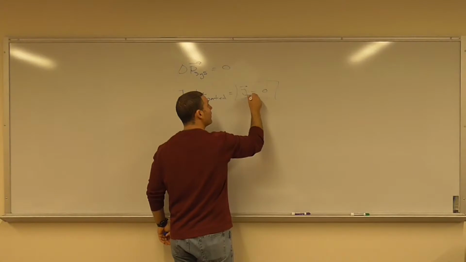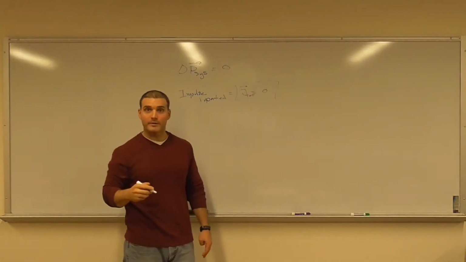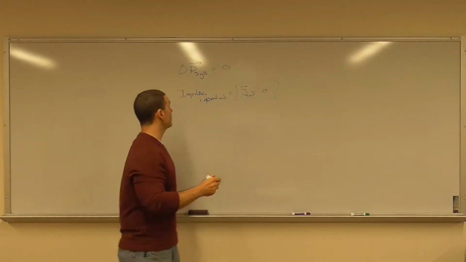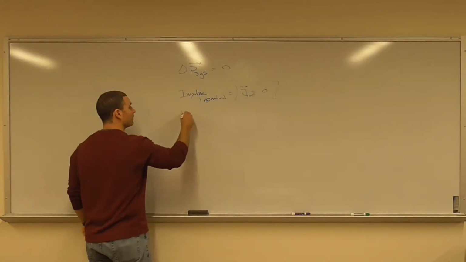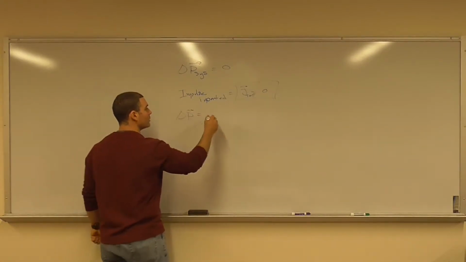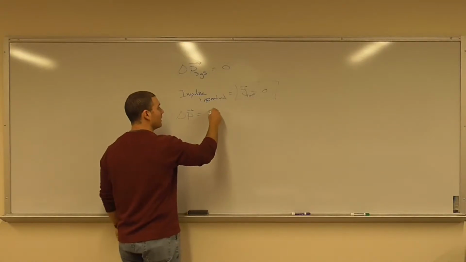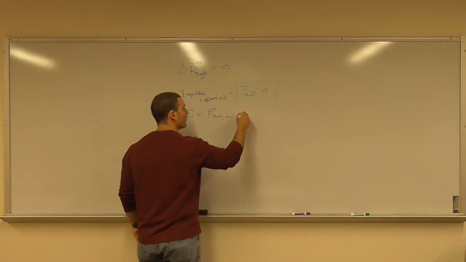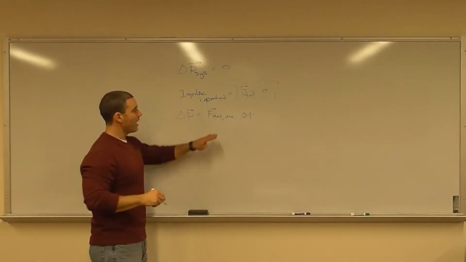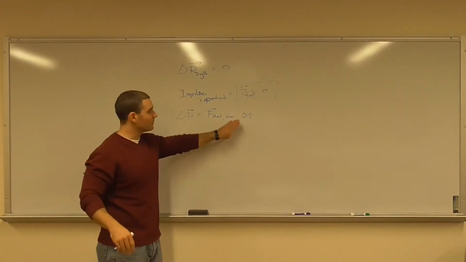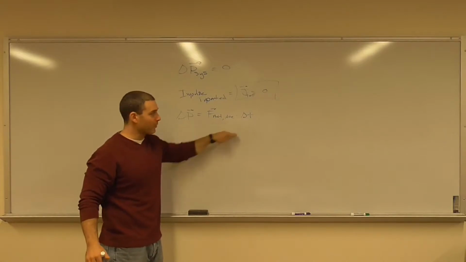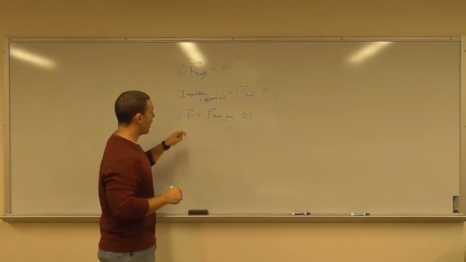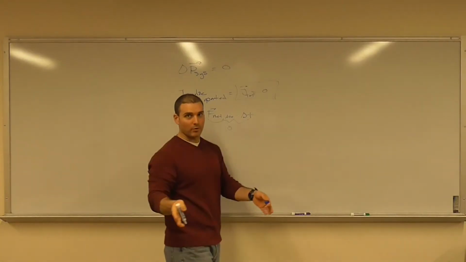So the total impulse imparted on the system has to be zero. Another way to say this is that delta P, which is the net average force exerted over some time interval, if the net average force times the time interval at which those forces act is zero, then our momentum change is zero.